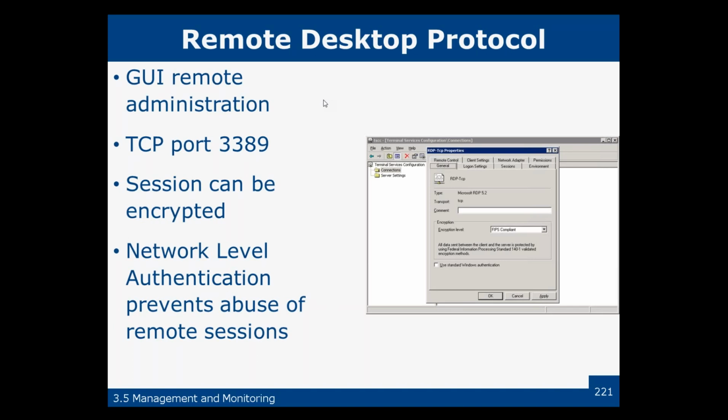You can get onto a Windows machine from a Linux machine using the remote desktop protocol, RDP, port 3389. It's a very, very handy tool to access something remotely, and there are a number of software packages that will allow you to do those things.